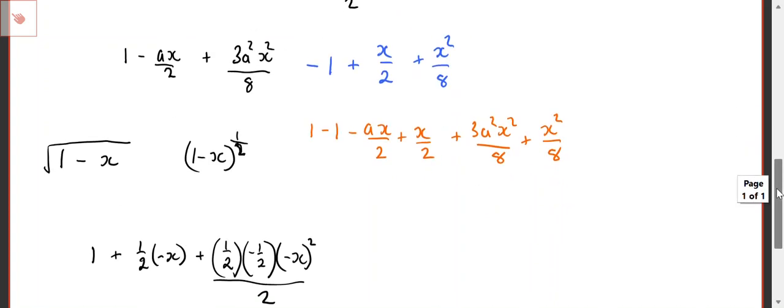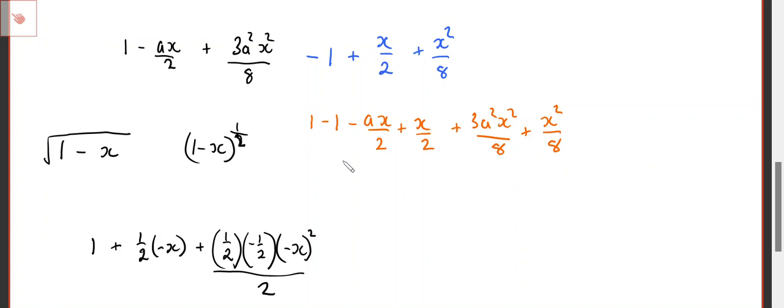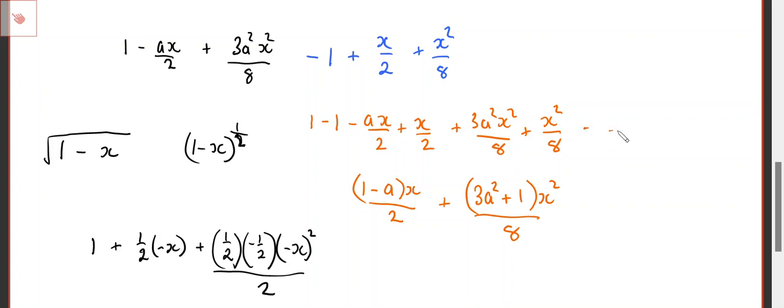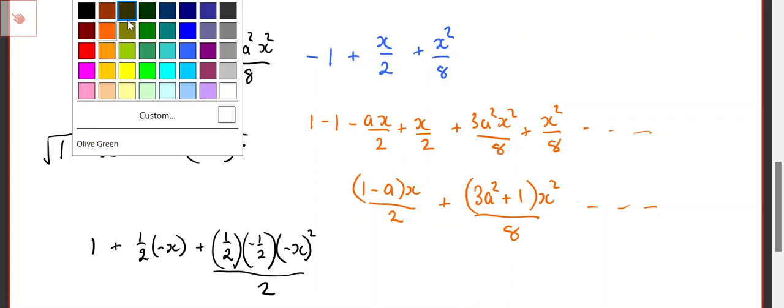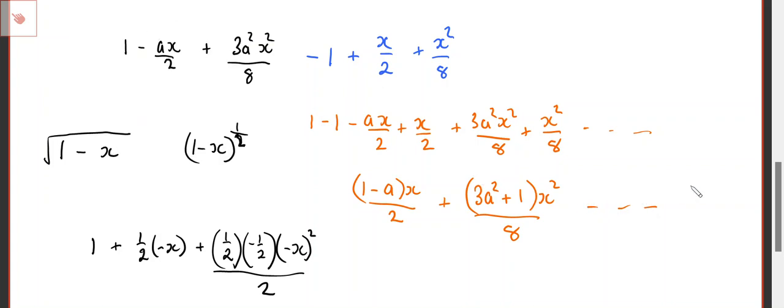Yeah? Which becomes 1 minus ax over 2. Happy with that. Plus (3a squared plus 1) x squared over 8. Okay, so we now have that expansion up to x squared.